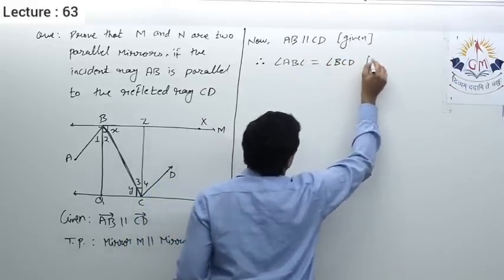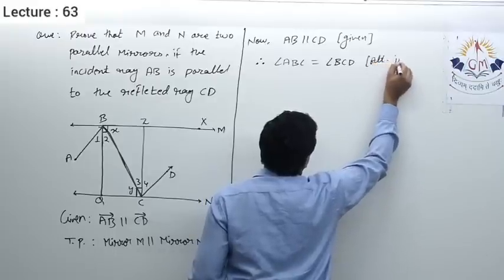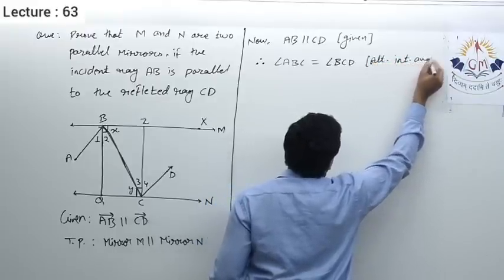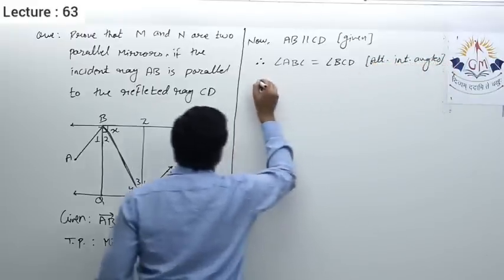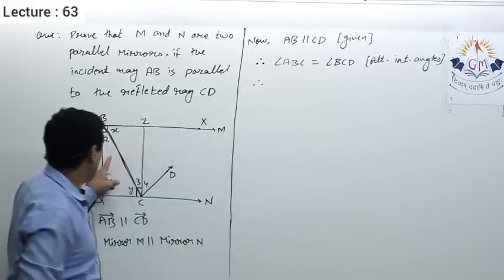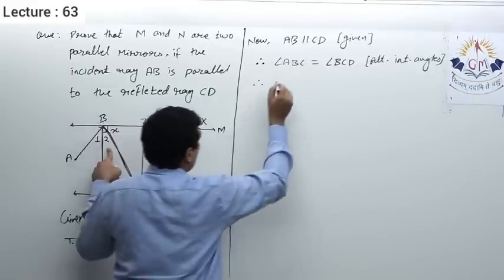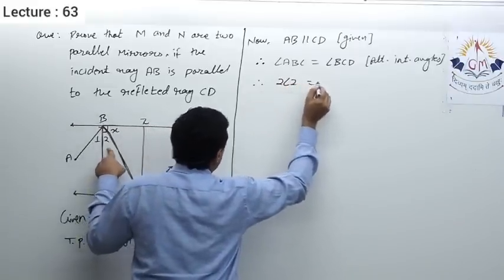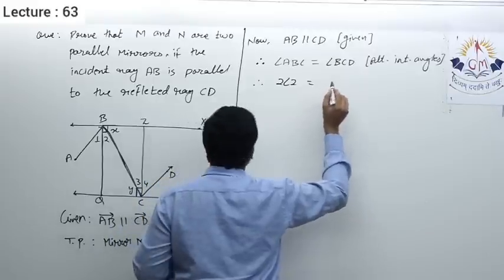The reason is alternate interior angles. Now ABC, just now we saw, is equal to twice of angle 2 and BCD is twice of angle 3.